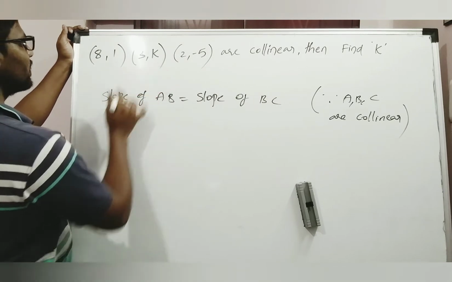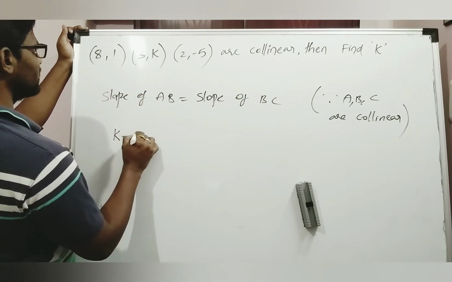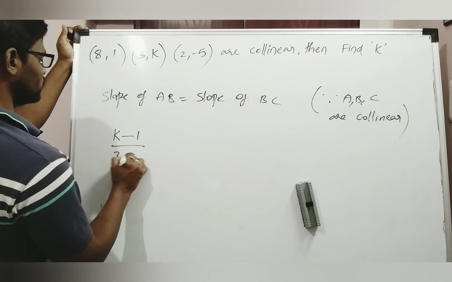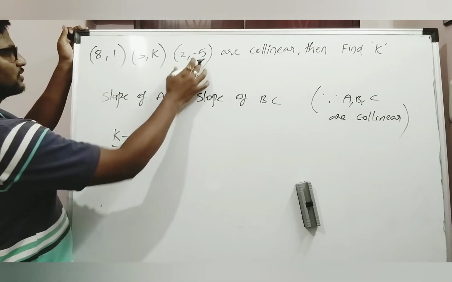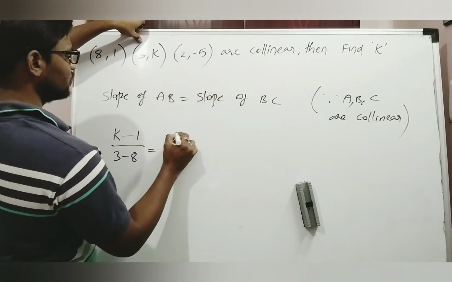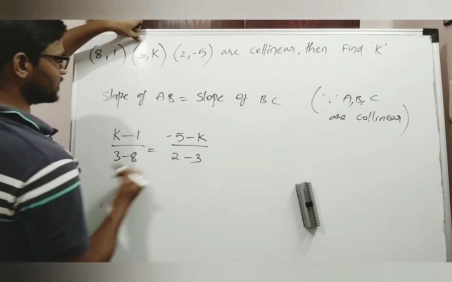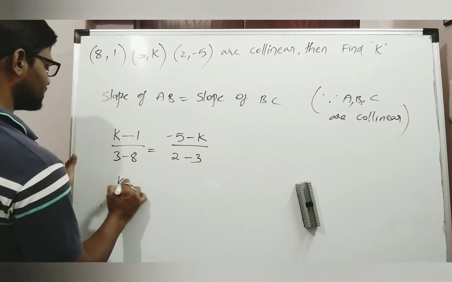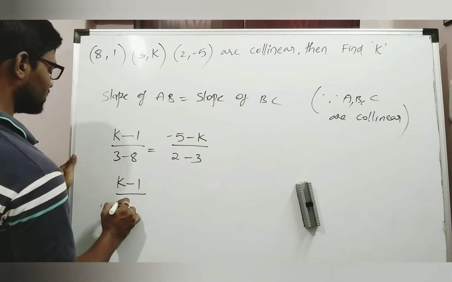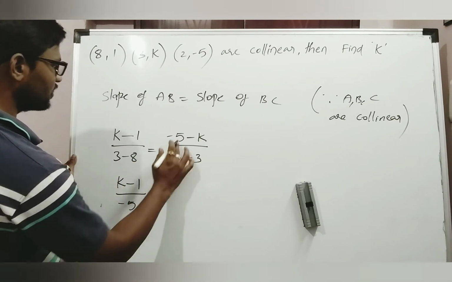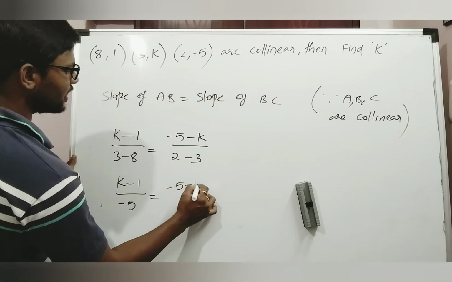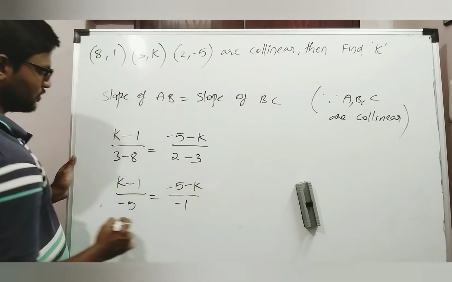What is the slope of AB? y2 minus y1 by x2 minus x1. Slope of BC: y2 minus y1 by x2 minus x1. k minus 1 by 3 minus 8, which is minus 5, equals minus 5 minus k by minus 1.